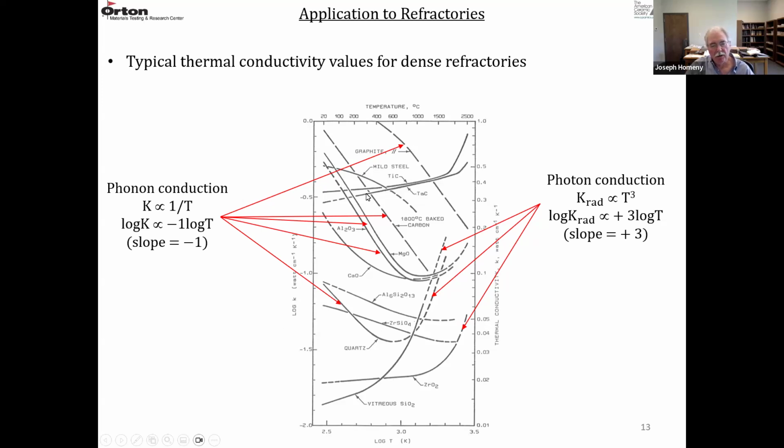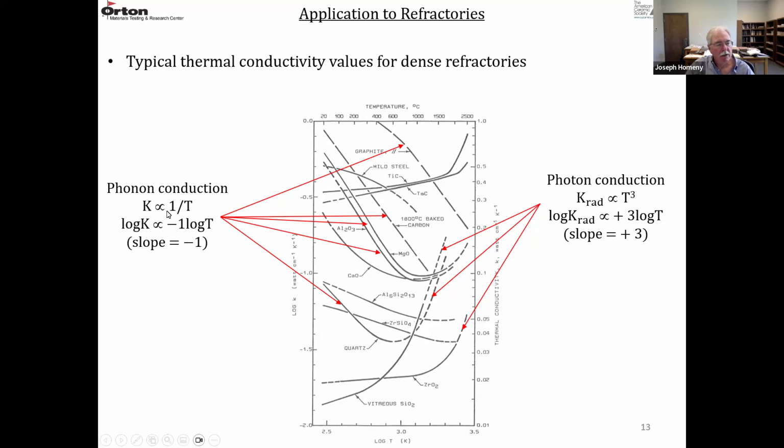And you can see as the temperature goes up, the conductivity is going down. And they're following this 1/T relationship. So that's phonon conduction, solid state thermal conductivity. The conductivity is proportional to 1/T, basically from room temperature to some temperature where the conductivity tends to level off.